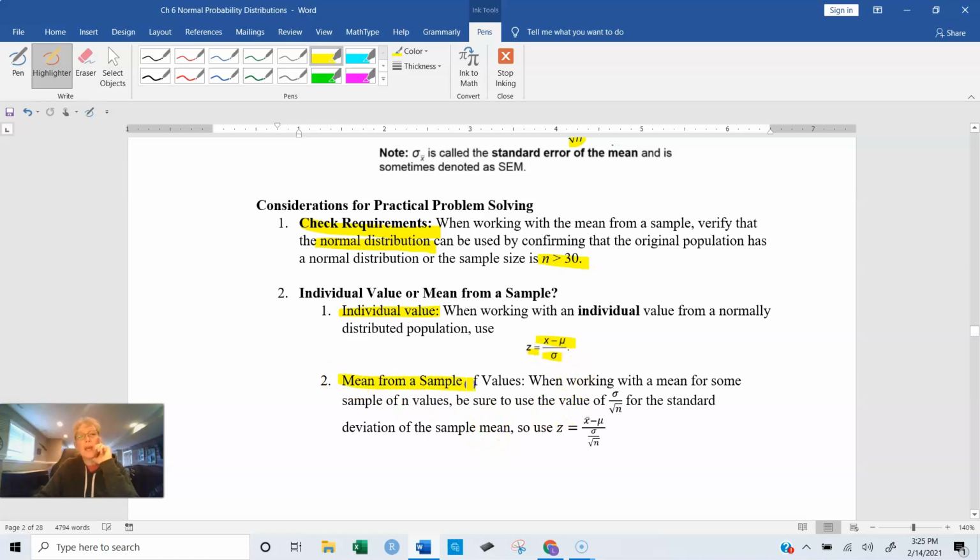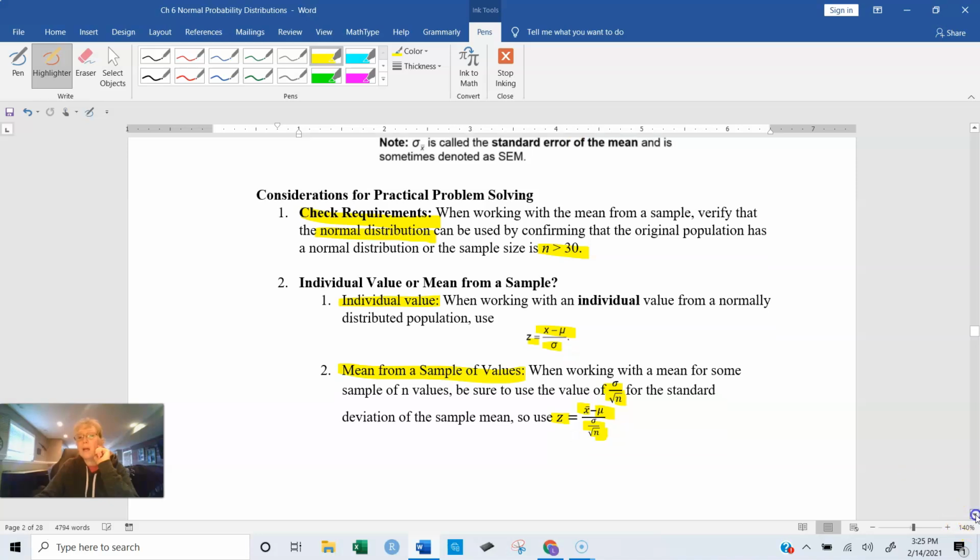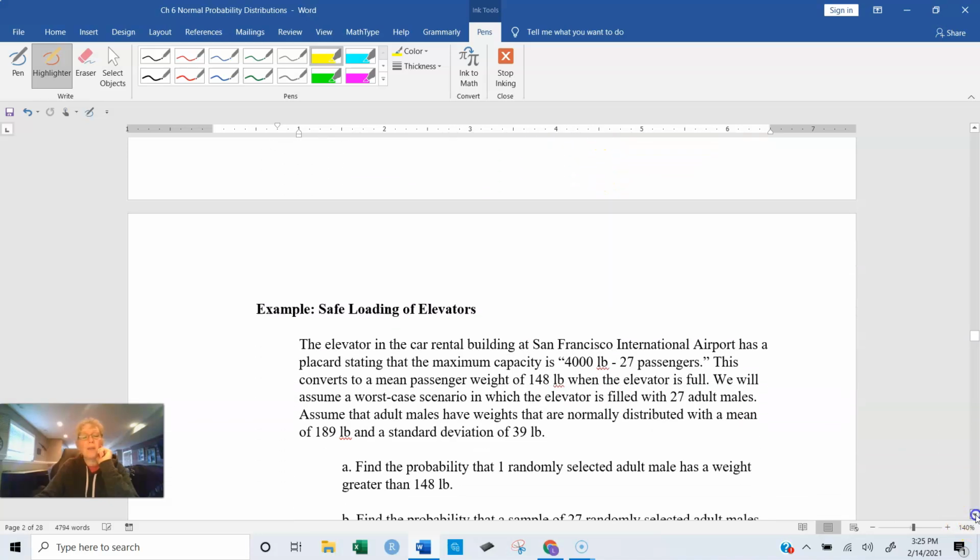For the mean from a sample of values, remember now we have sigma over the square root of n for the standard deviation. So now when we have z, we have our average value, our mean, minus our population mean, over sigma divided by the square root of n. A little bit different because we have a lot of them to do.